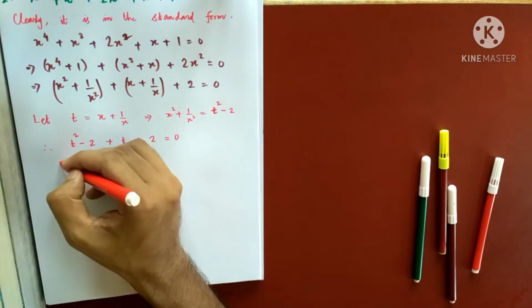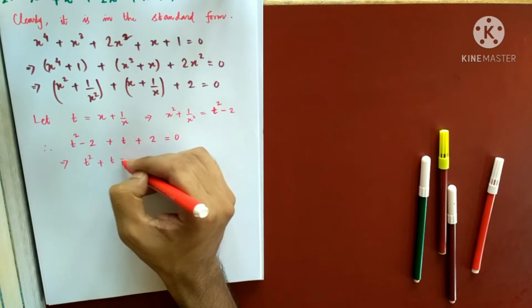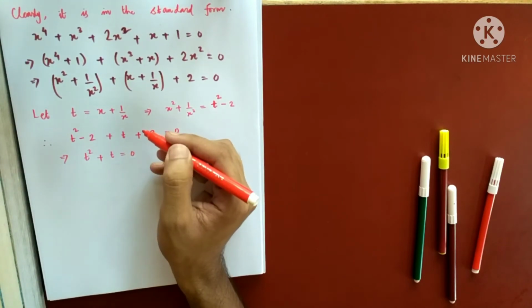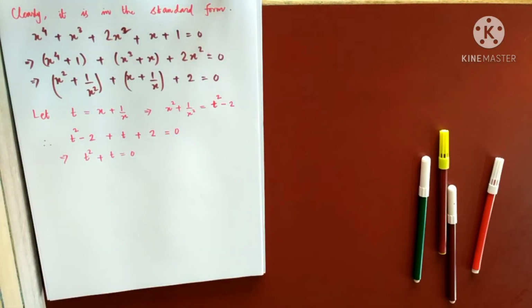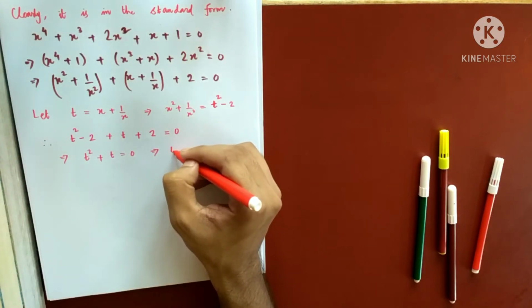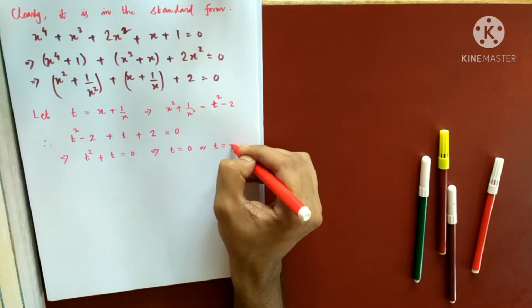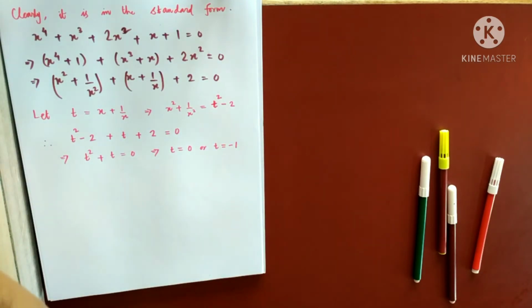So I now have to solve the quadratic equation t square plus t equals 0, and it is very easy to solve. If I take t common, either t equals 0 or t equals minus 1.